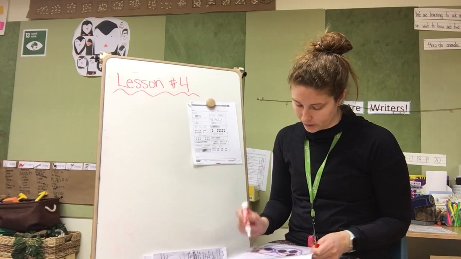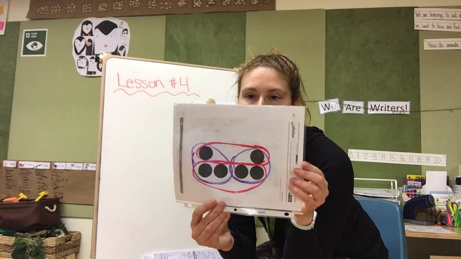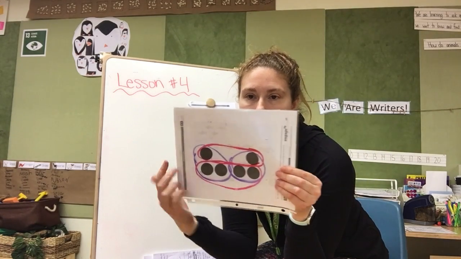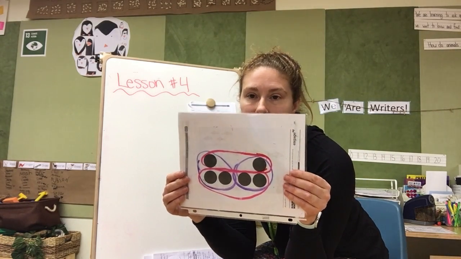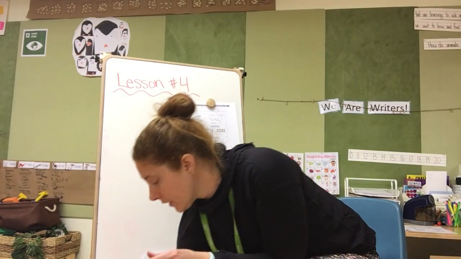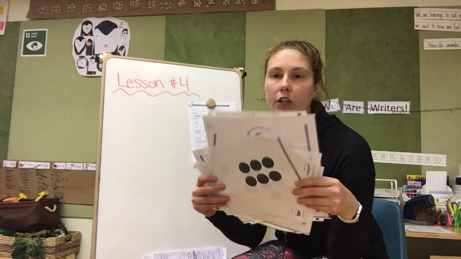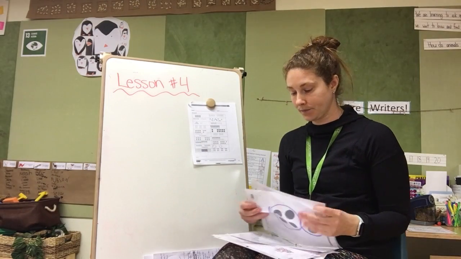I don't know if anyone else saw it this way, but this might be a fun way to get to 6. 4 and 2, the whole bottom row and then the 2 on top. 4 and 2 make 6, 3 and 3 make 6. All of those are correct ways. So this was just a review of the different ways that you could come up with 6.